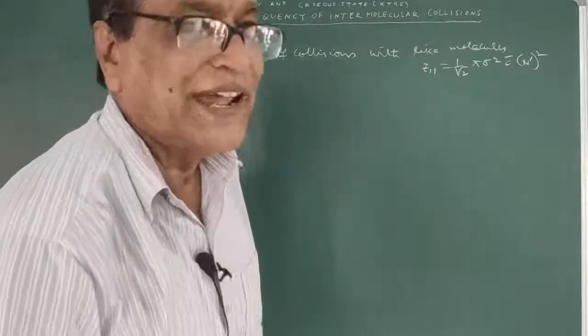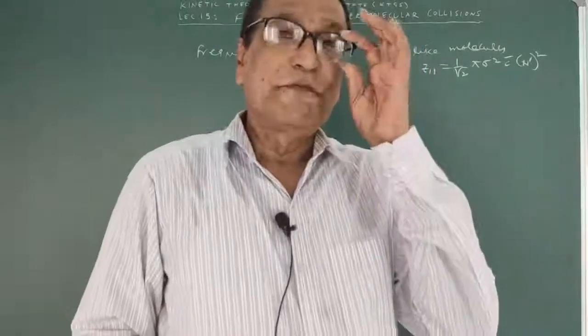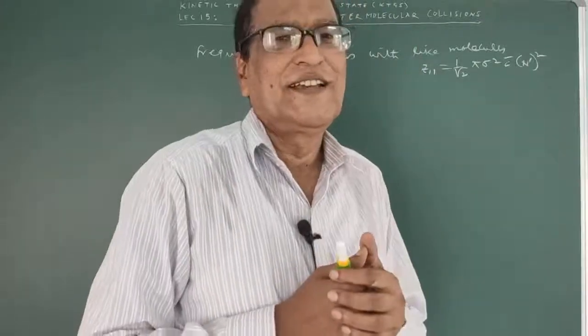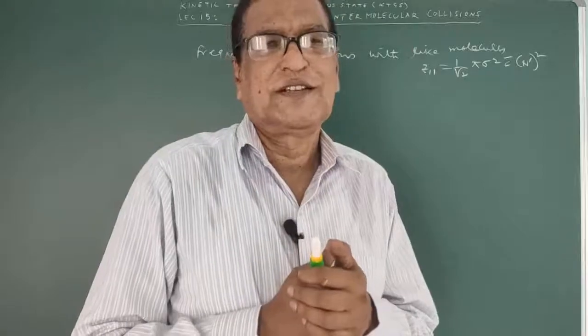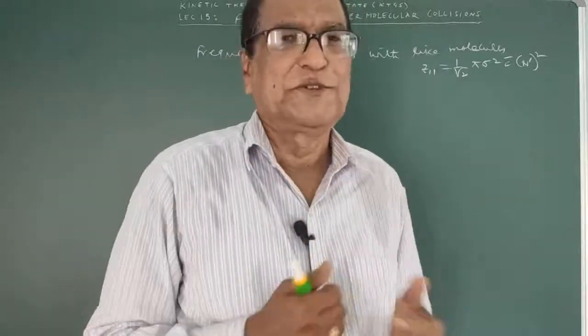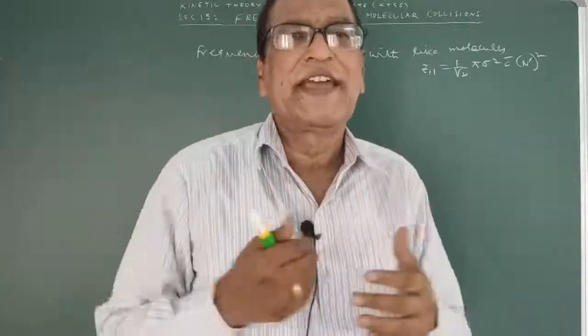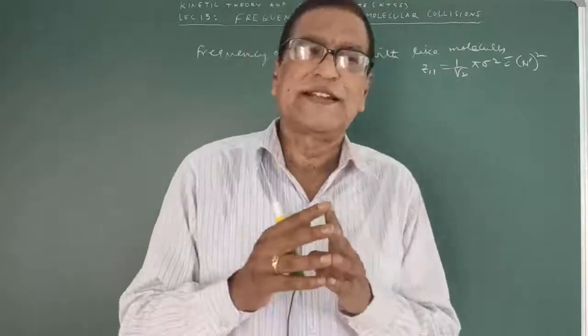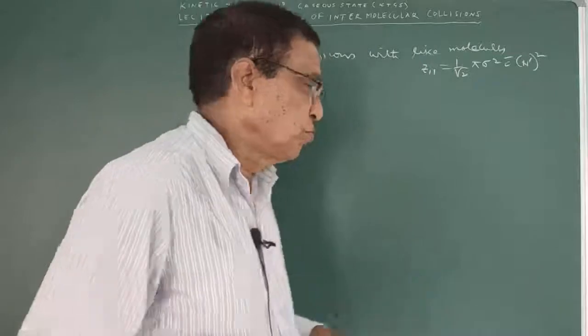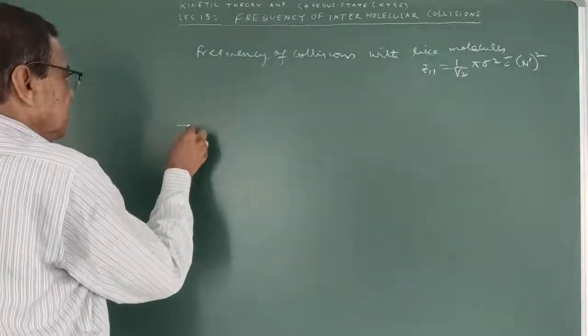Now I would like to calculate the frequency of collisions between two unlike molecules, between two dissimilar molecules. Say in air there are oxygen gas and also nitrogen gas. So how much will be the total collisions?